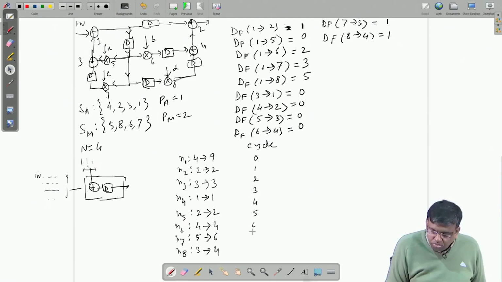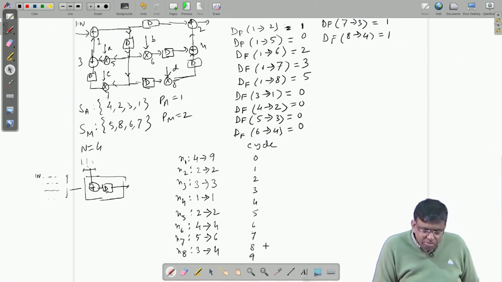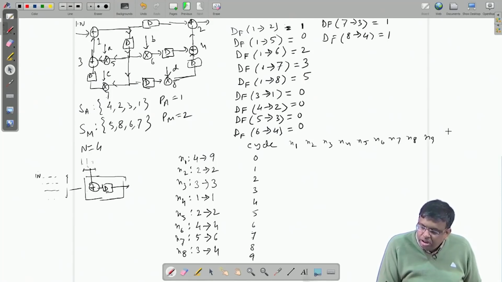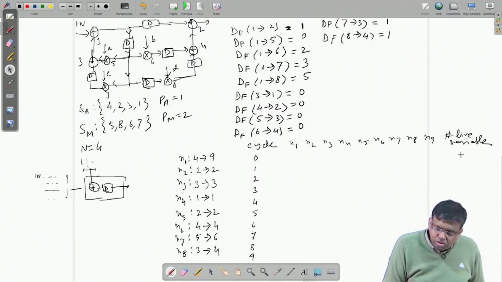So, I go up to 9 because in this column the highest figure is 9, okay, 9. And I write here N1, N2, N3, N4, N5, N6, N7, N8, N9 and number of live variables, all right.